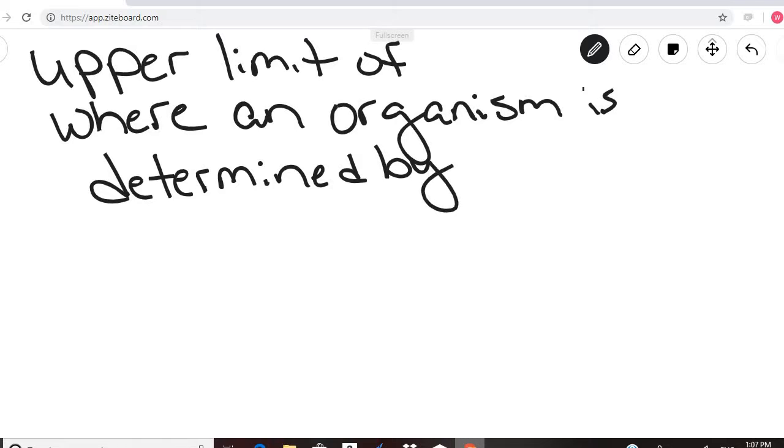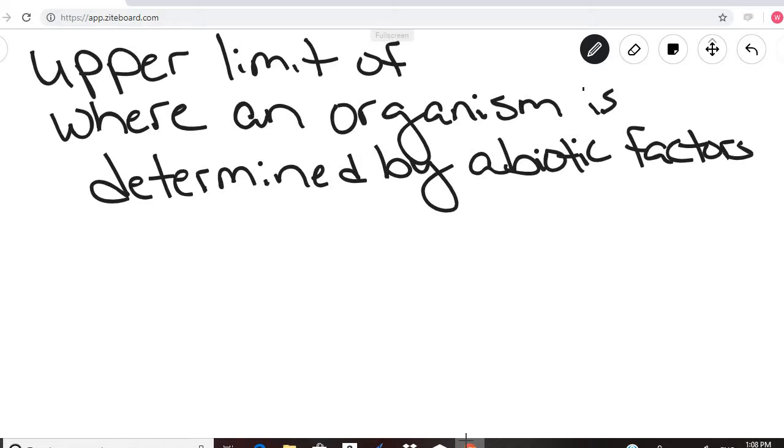And I'll ask you to remember what abiotic means. Abiotic factors are non-living factors.